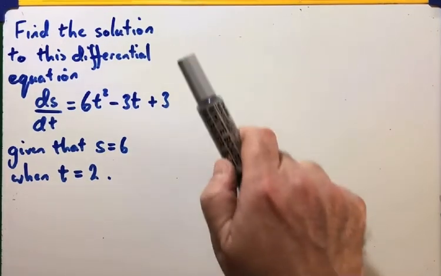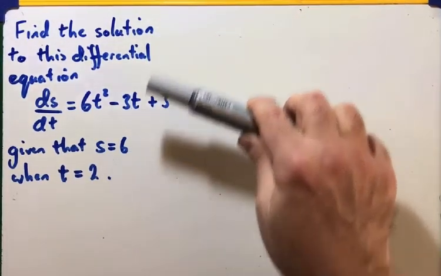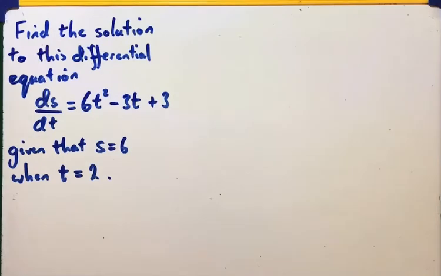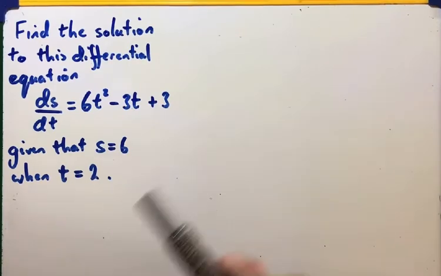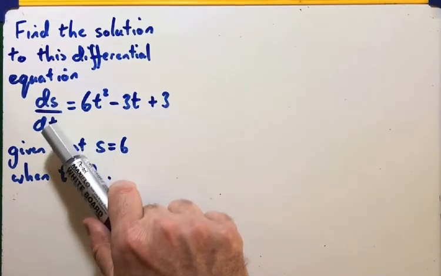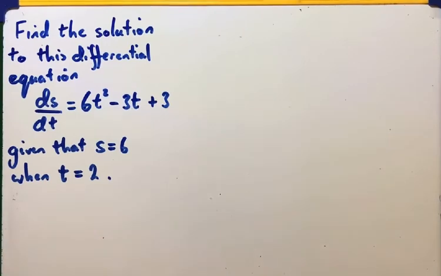This second question here says, find the solution to this differential equation, ds by dt equals 6t squared minus 3t plus 3, given that s equals 6 when t equals 2. Quite often, you might see s and t used in differential equations because t could represent time and s could represent displacement.